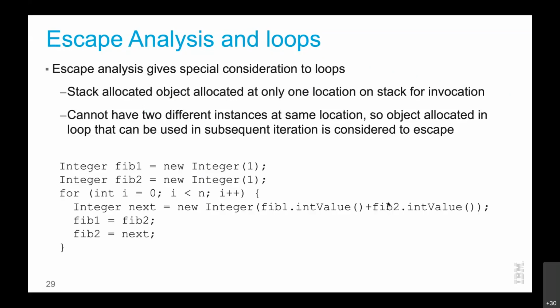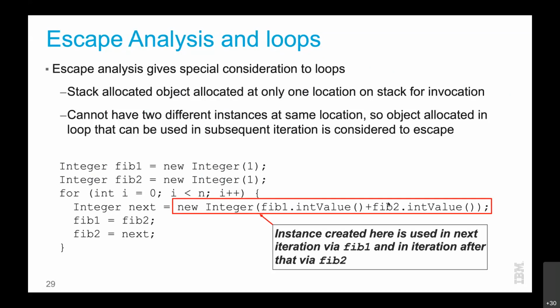If you consider this Fibonacci sequence computation, within the loop, the object that I'm constructing here is going to be used, it's going to be assigned to... I think I've swapped the names of the variables around here, but in any instance, it's going to be available through Fib2 on the next iteration of the loop, and then via Fib1 on the subsequent iteration of the loop.